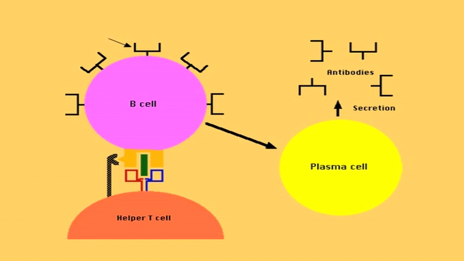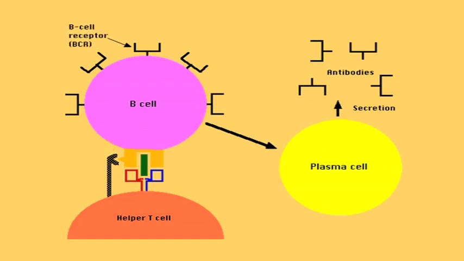B cells express a unique B cell receptor BCR, an immobilized antibody molecule. All the BCR of any one clone of B cells recognizes and binds to only one particular antigen.